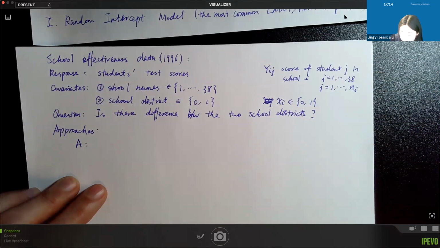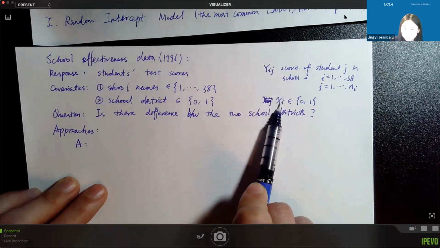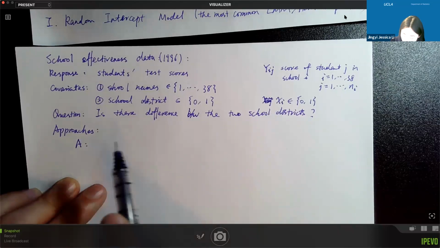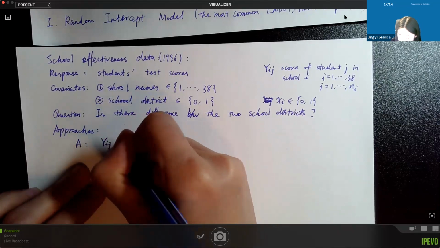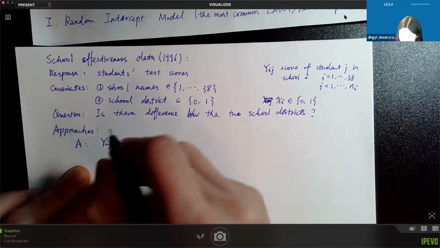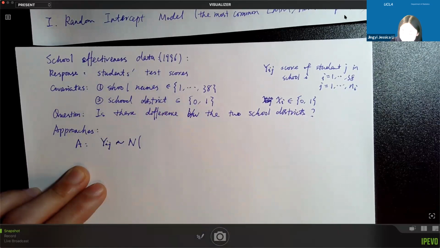So what do we do? The first case is that we take this as our response, and this as our predictor or covariate, into a linear model. So we could assume Yij follows a normal distribution, assuming the score is normally distributed, but this is subject to your opinion, but let's just keep it simple.